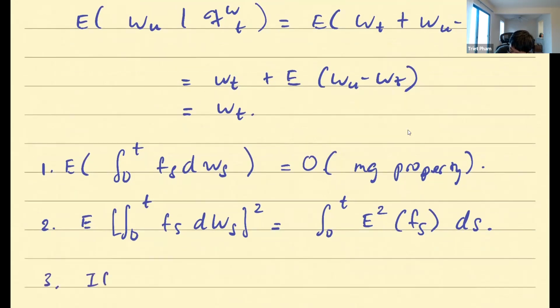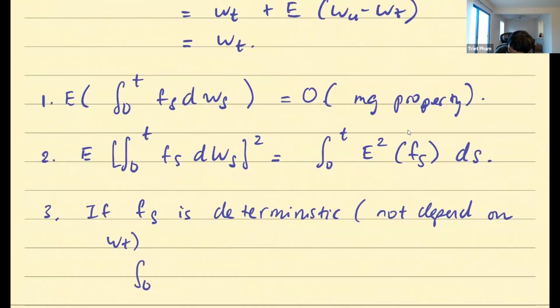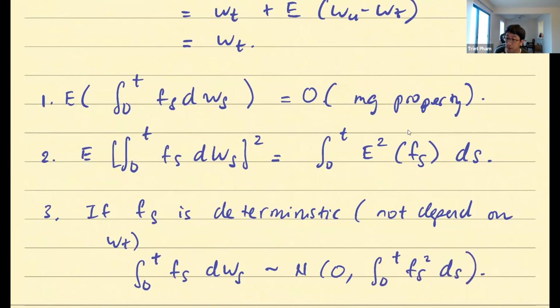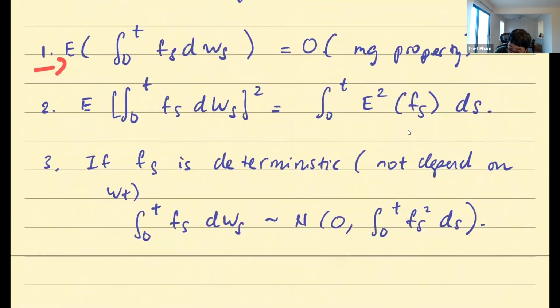Finally, if the integrand is deterministic, in other words, it does not depend on W_t, then you know more. Then this integral is a normal random variable with mean zero and this variance. Pay attention between this point and this point. This is true for any integrand.